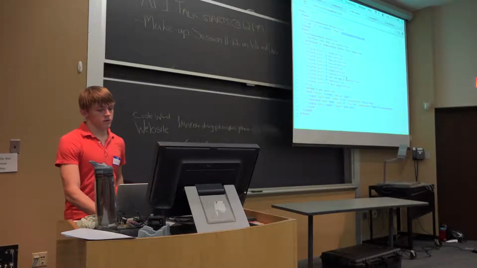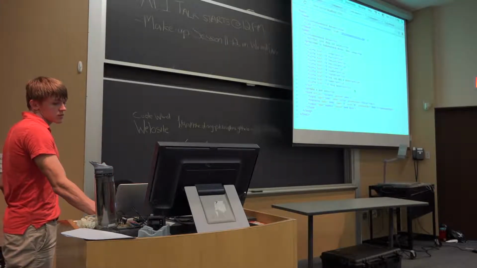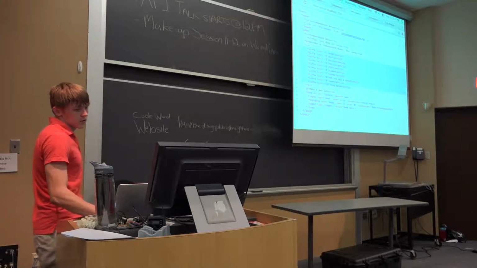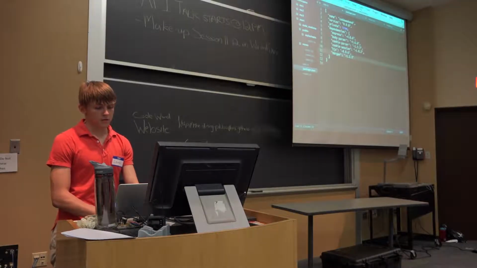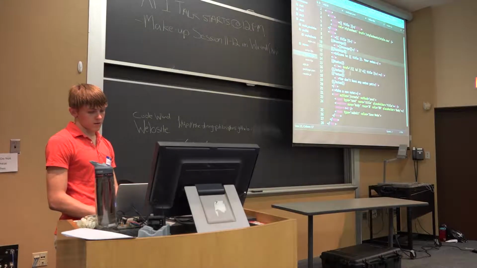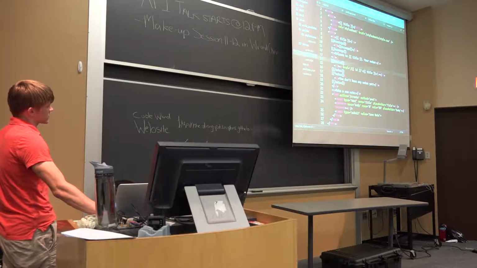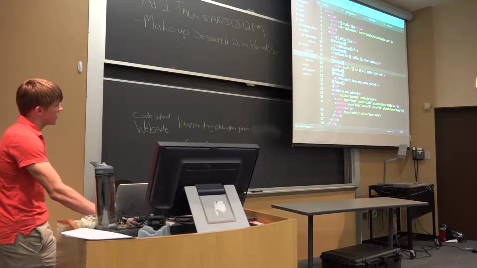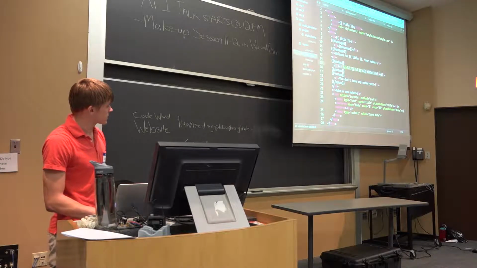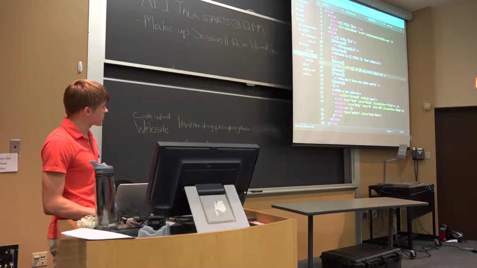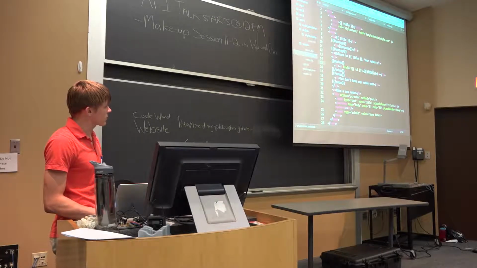So to look at the source of that real quick, we just have a simple list of links to the notes, which was populated from the template by this portion right here, where we basically have this mustache template syntax for a for loop, and then for each of the notes, it does this and replaces this part with the ID of that note and this part with the title of that note.